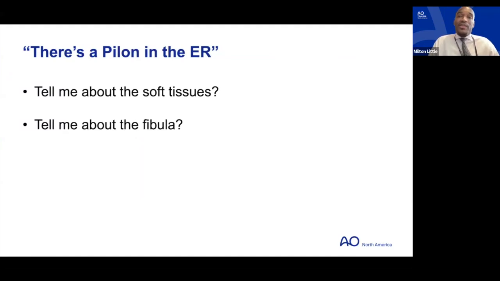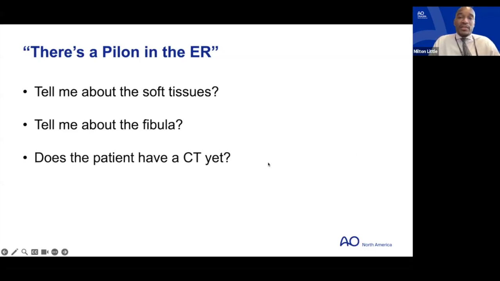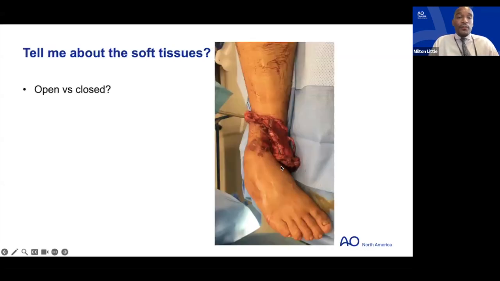What do you know about it? What's the injury? What does it look like? And then number three, does the patient have a CT yet? And really the thought process is like we talked about, understanding where I can cause problems, where I can make mistakes, and where I can avoid things that could lead to complications for the patient in the future.